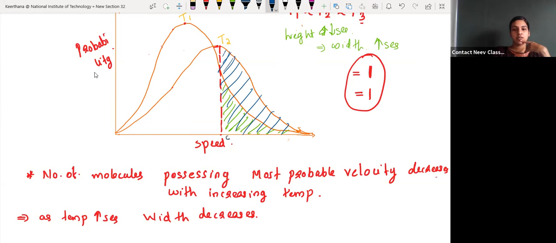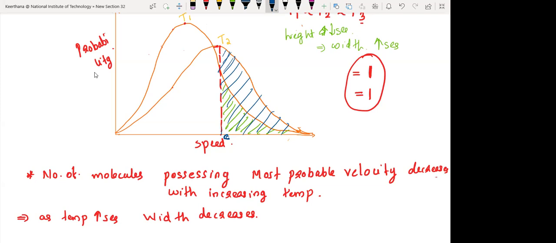If I'm talking about this particular point where the speed is c, then can you please tell me what this area means? What is its significance? The area after this point. Ma'am, I think it's the total probability of finding molecules with a speed higher than c.